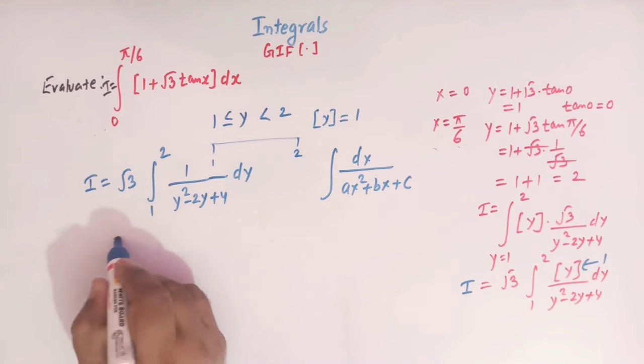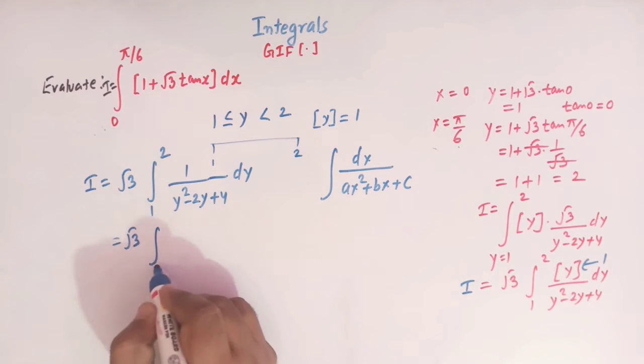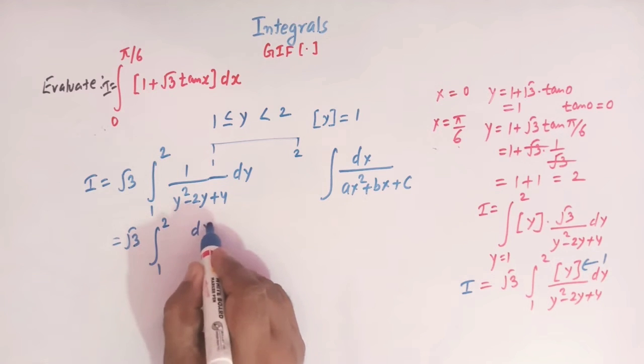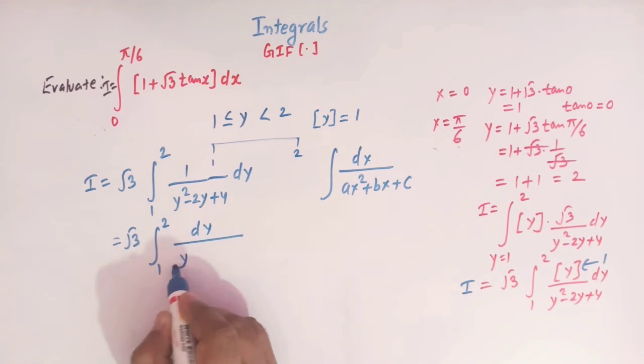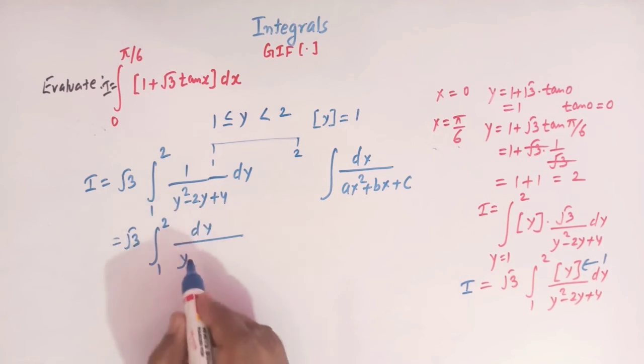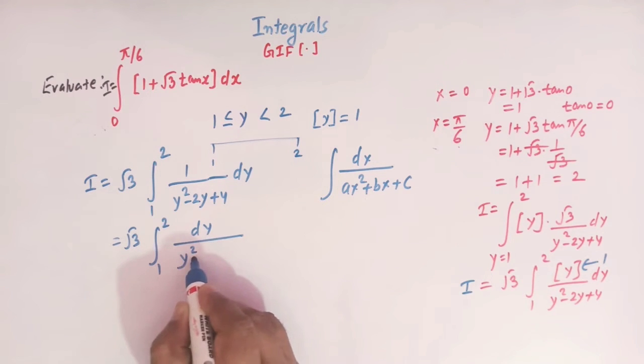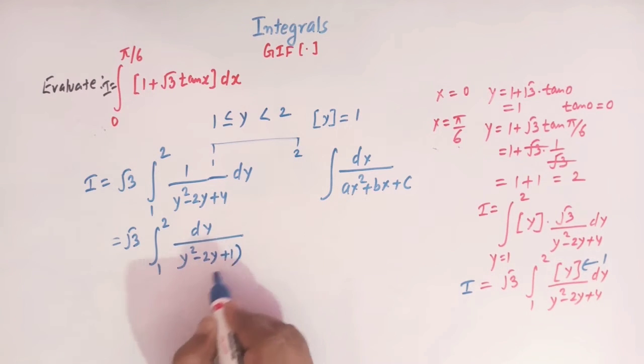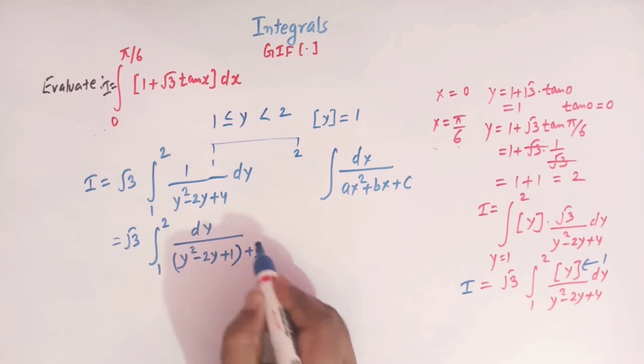So we can write it as root 3 1 to 2, and we have dy over y square minus 2y plus 4 can be written as y square minus 2y plus 1, and here we can write 3, right?